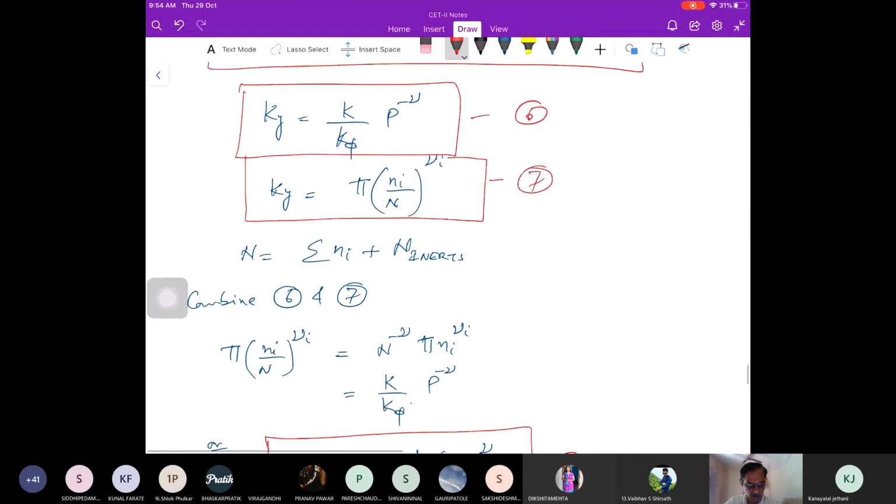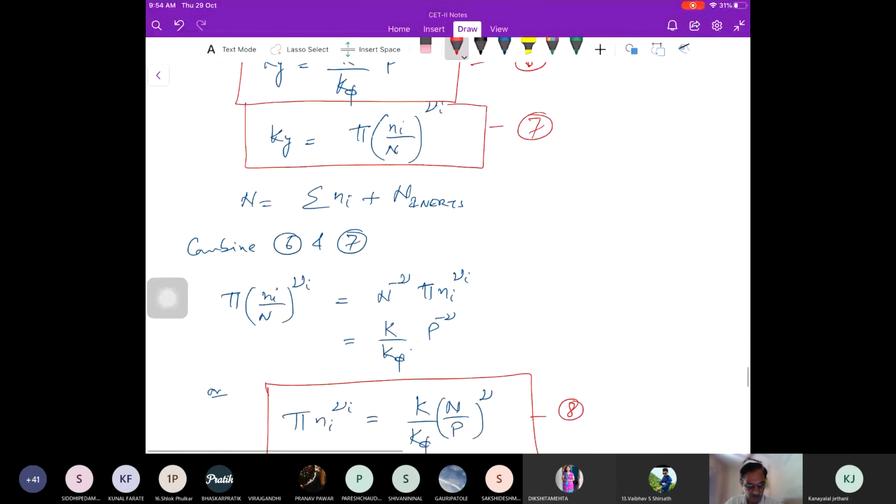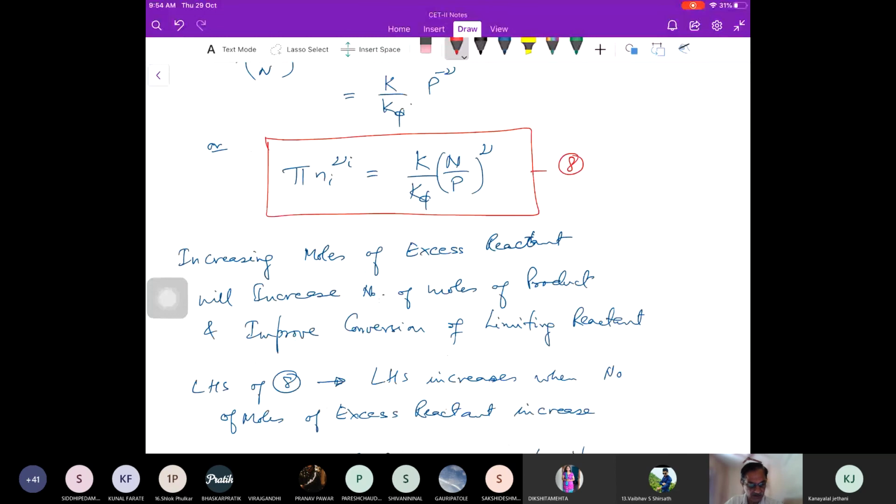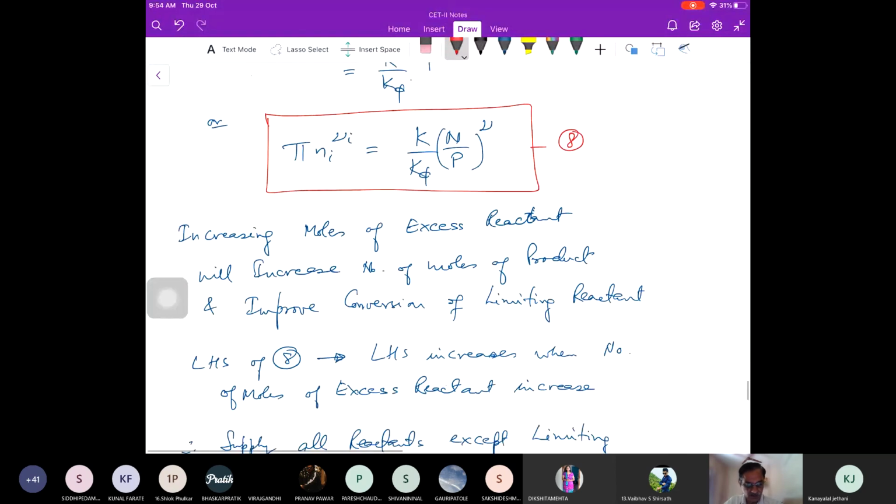And we also seen that N is equal to summation of Ni plus N inerts. ये सब देखा हमने, ये already done that. ये equation derive भी किया था हमने, right? So increasing number of moles of excess reactant, right? Excess reactant लिया हमने inerts में, initial में.